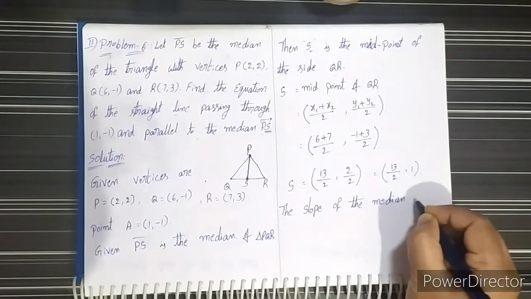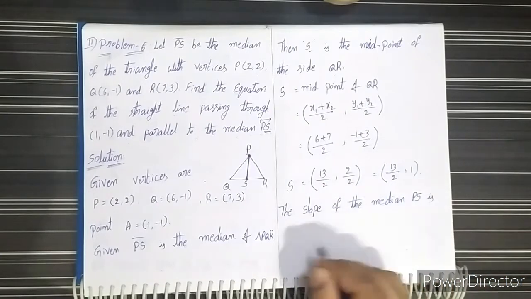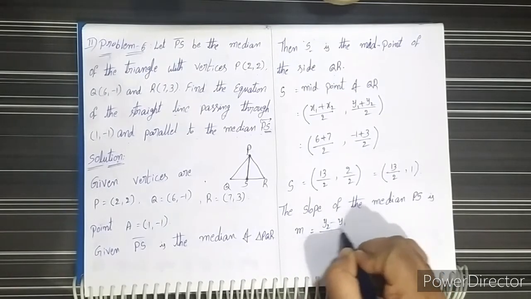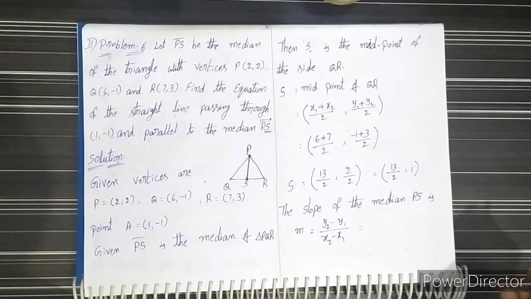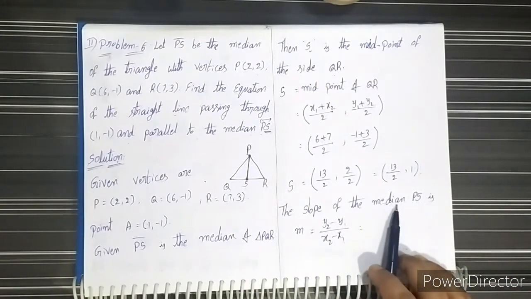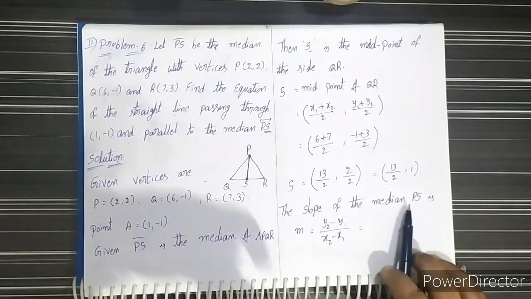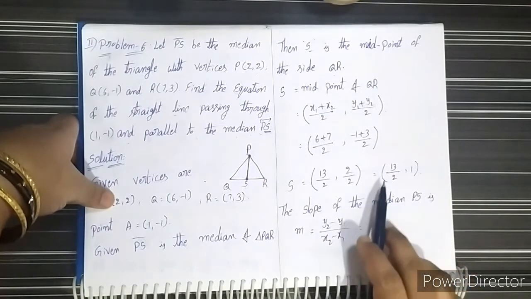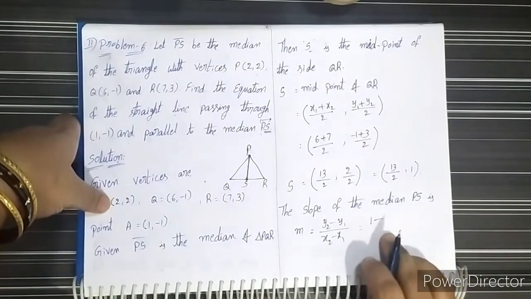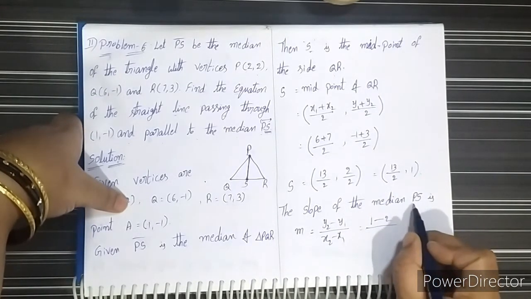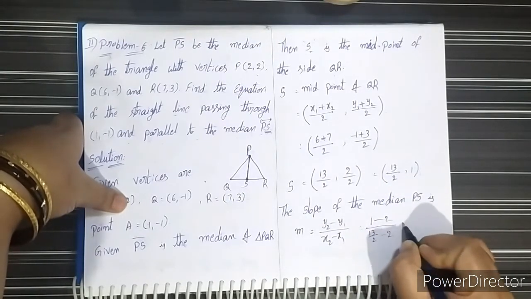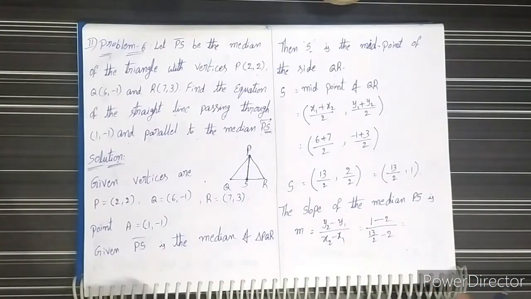Let the slope be M. The formula is (y2 minus y1) by (x2 minus x1), where x1, y1 are taken from the point P, which is (2, 2), and x2, y2 from S, which is (13 by 2, 1). So y2 value 1 minus y1 value 2, by x2 value 13 by 2 minus 2. Here take the LCM and then solve.